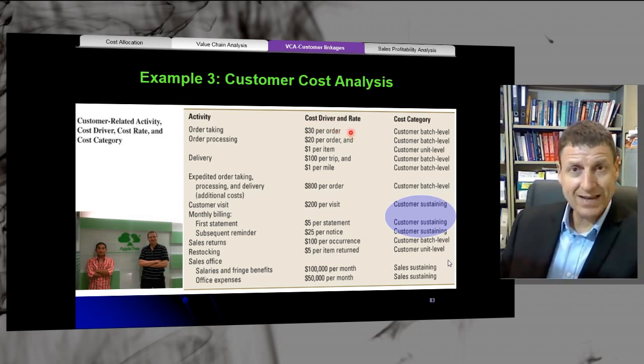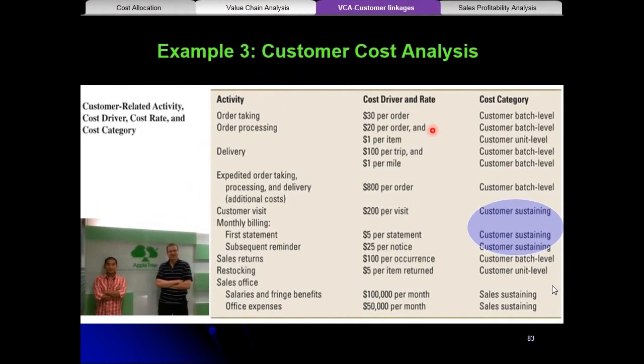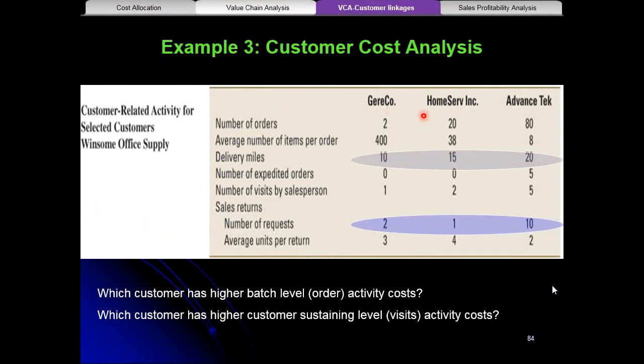So let's have a look at how they add up with our three customers, shall we? We've got Jerry Company, Home Service and Advanced Tech, and here are the resources that they have consumed. Number of orders: Jerry Company does 2 orders a month, and the average number of items per order is 400.